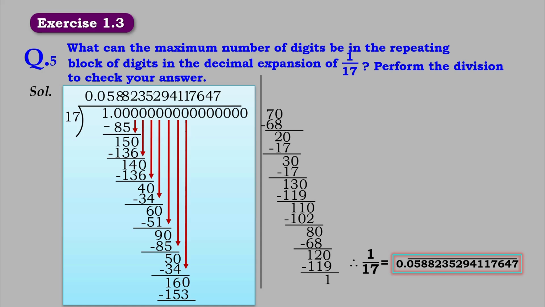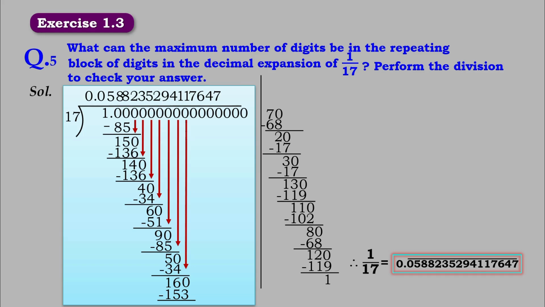Since we got 1, the same process will continue again. That means whatever number we get, again we will get the same number, because after this process we got 1, that is the dividend that we started with initially. So again we will get the same set of numbers. That means this whole number set is repeating.